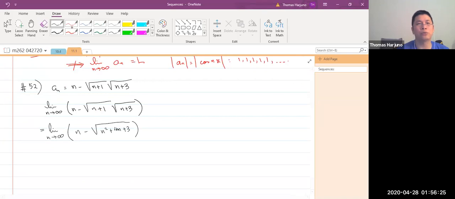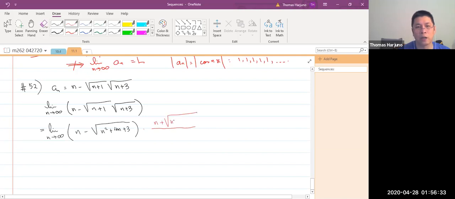Then what should I do? Let me try multiplying by the conjugate. Who knows, it works? n plus square root of n squared plus 4n plus 3, over n plus square root of n squared plus 4n plus 3.